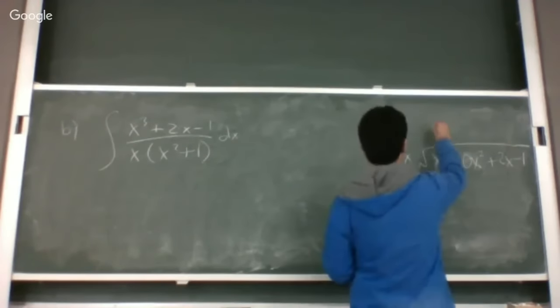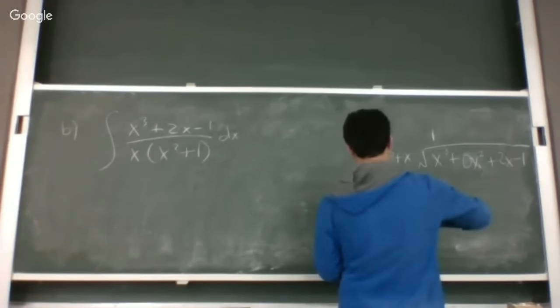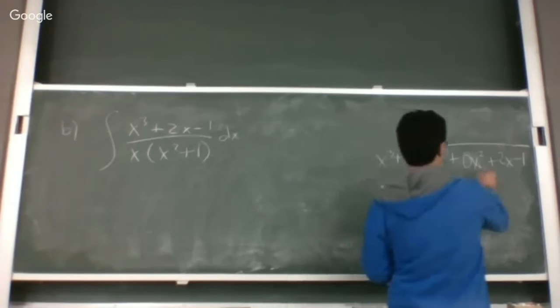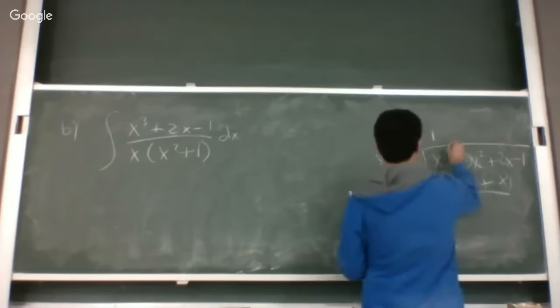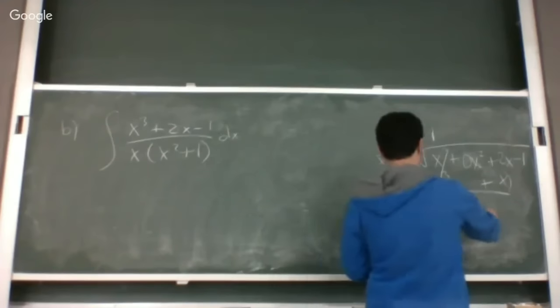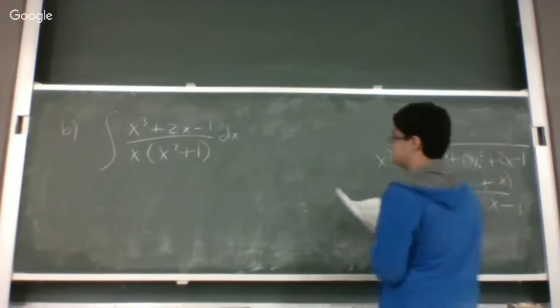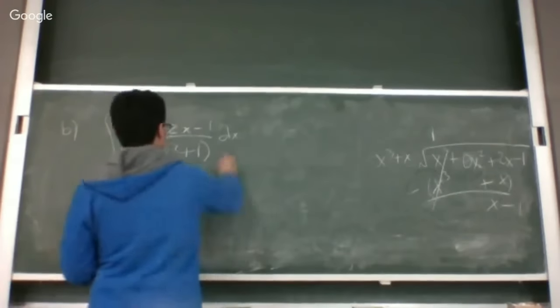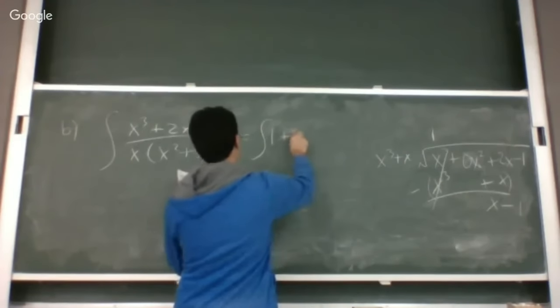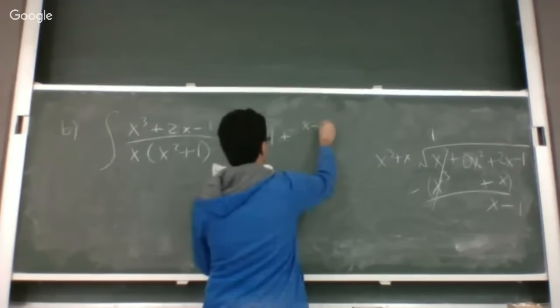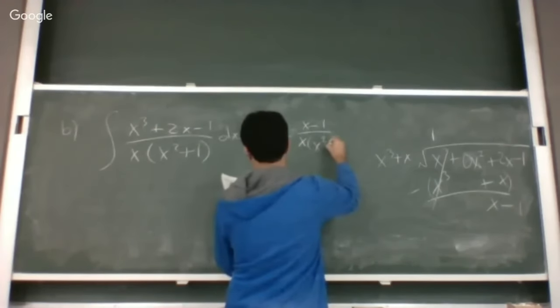So we multiply it by 1, we get x cubed plus an x. We subtract that quantity, we have x minus 1. So this is equal to the integral of 1 plus x minus 1 divided by x times x squared plus 1.